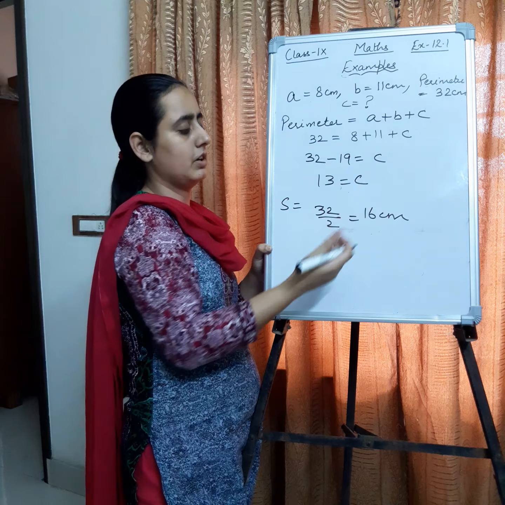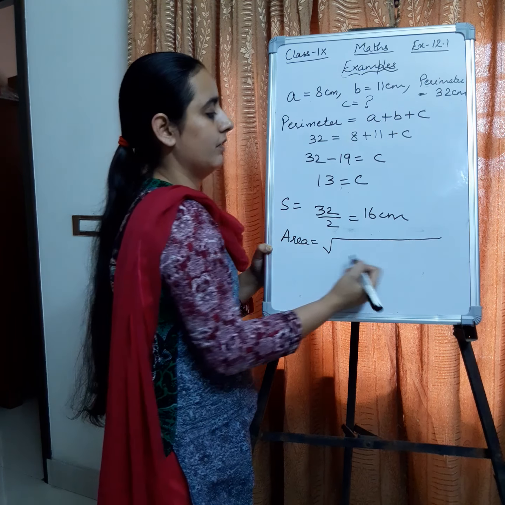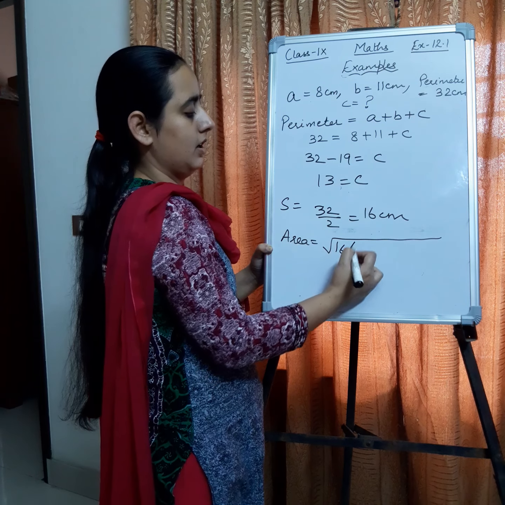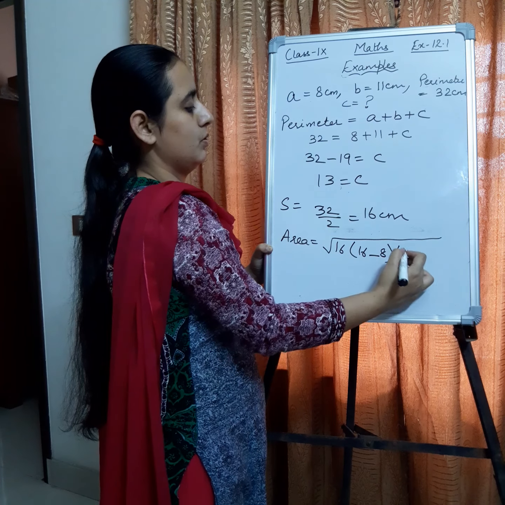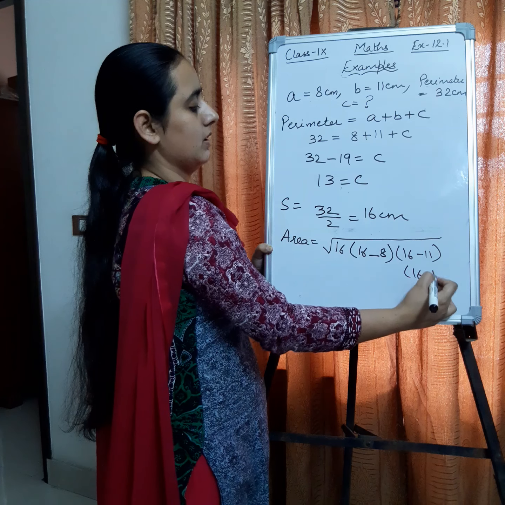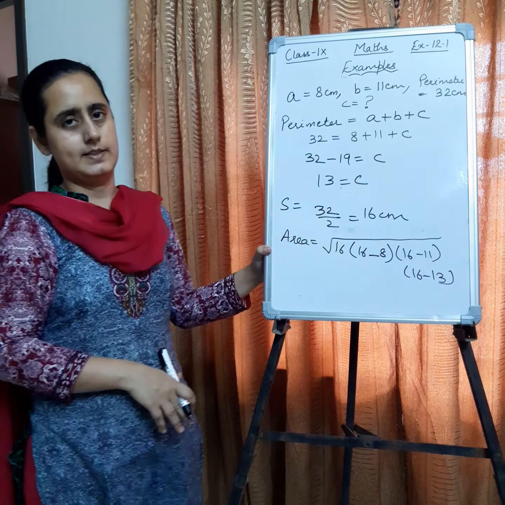Then the area will be, I am just writing the values, the calculations you will do on your own: the root of 16 into 16 minus 8 into 16 minus 11 into 16 minus 13. After solving you will get the answer.